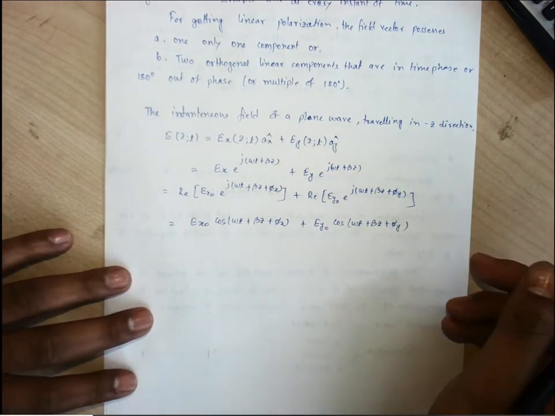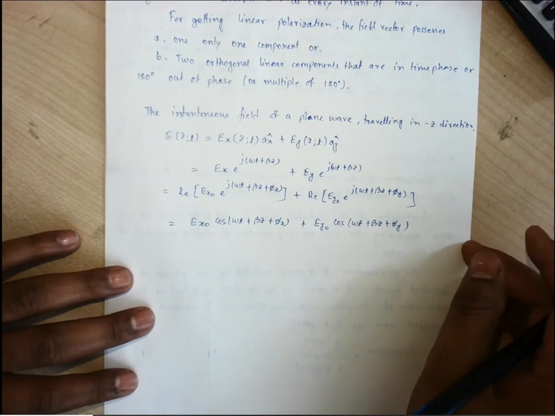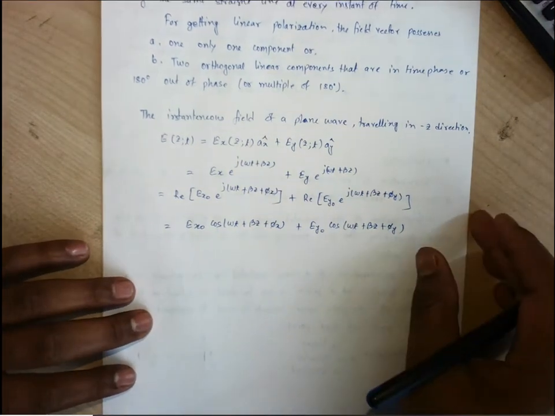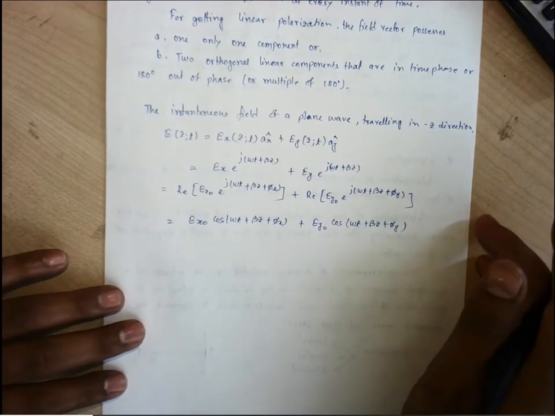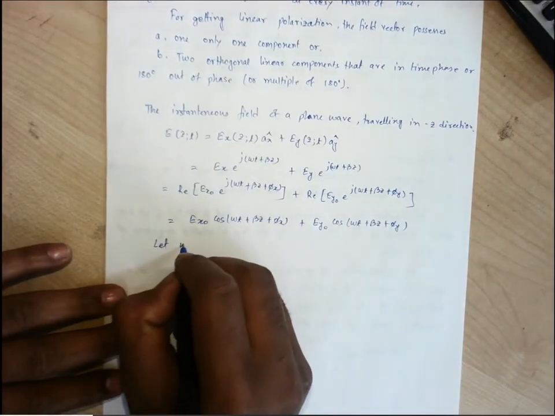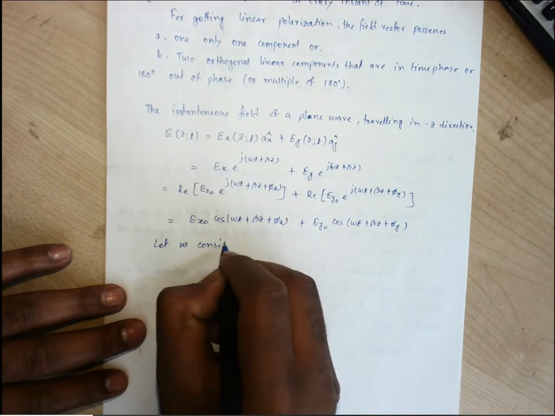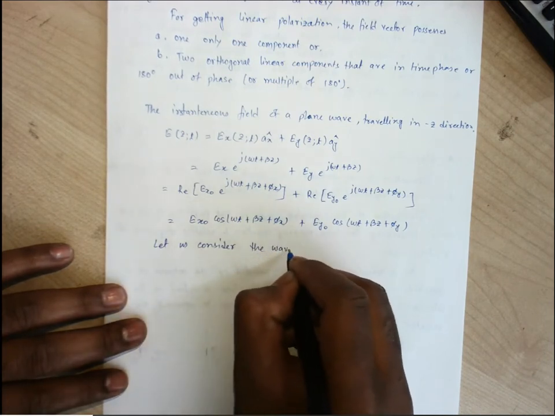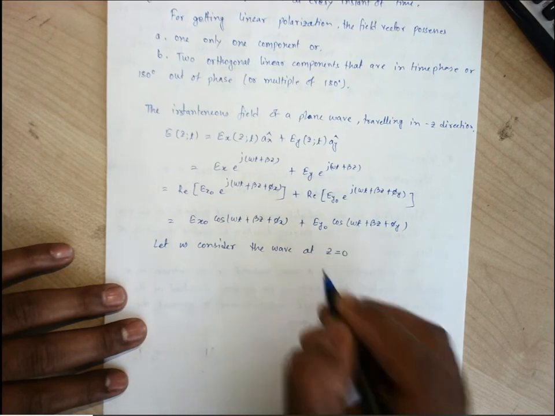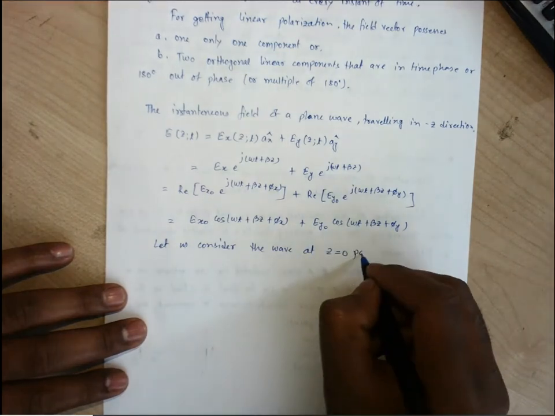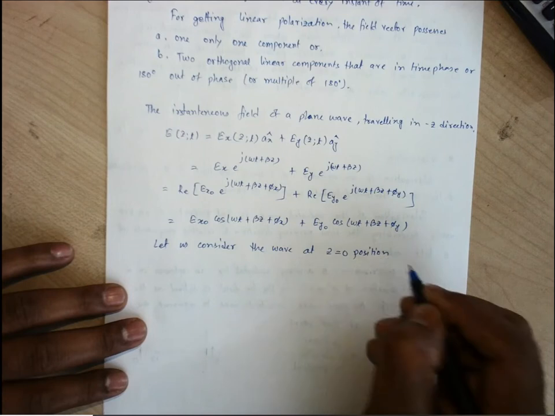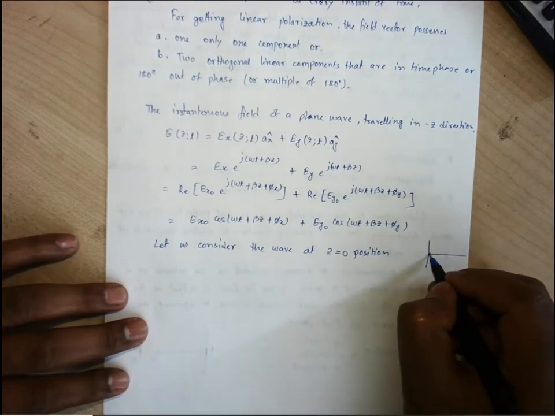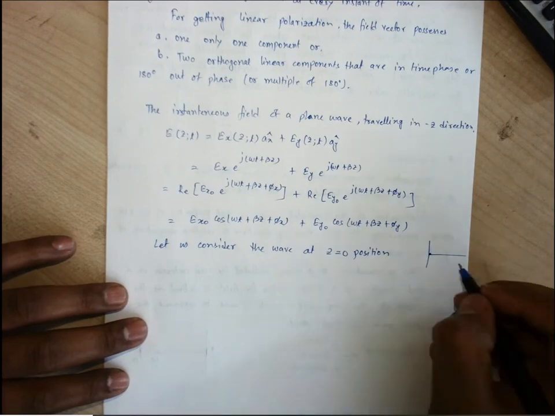Now let us consider the wave at the z equals 0 position, so we can neglect this beta z, which makes our calculation quite easier. The wave while traveling, we have considered at z equals 0.